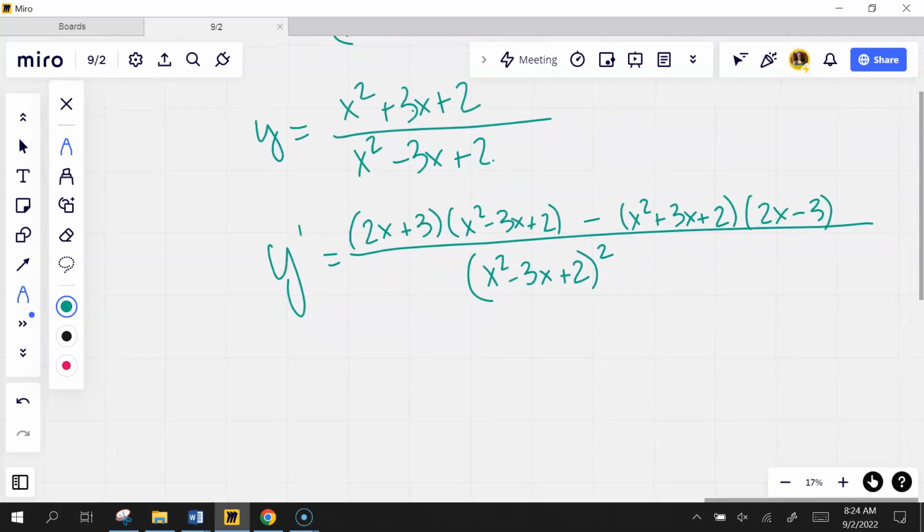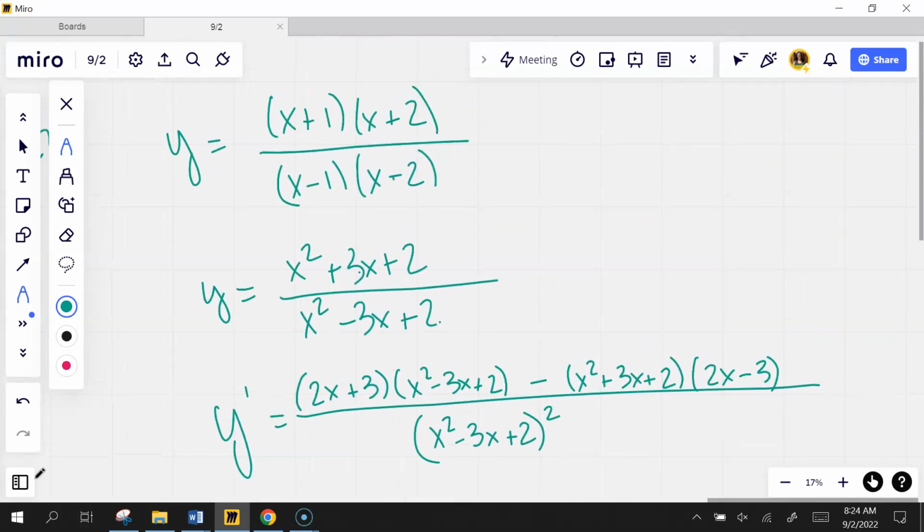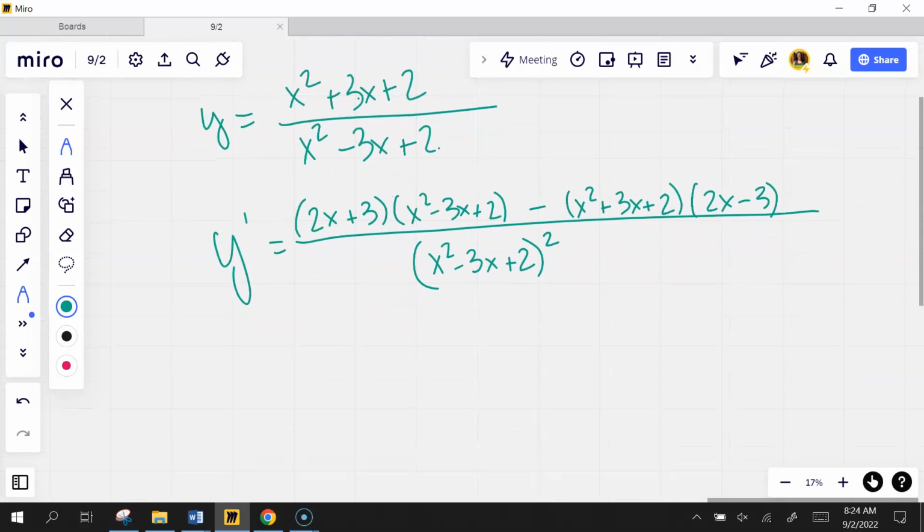I would even leave the bottom as this squared, so that would be x minus 1 squared, x minus 2 squared.